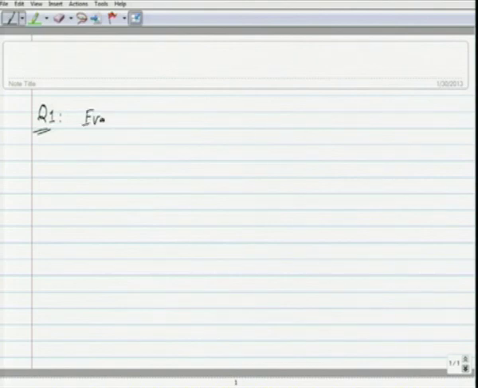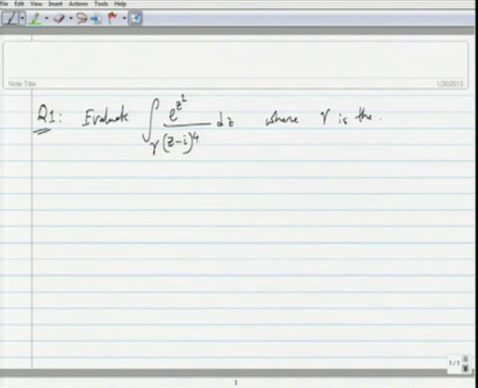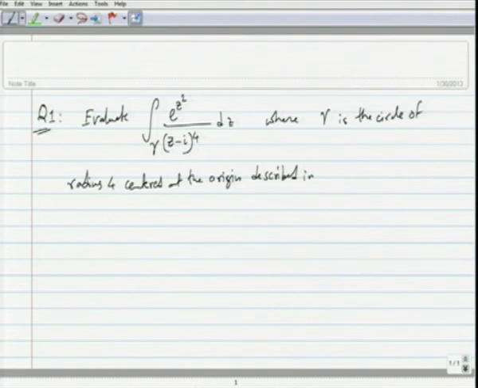So, evaluate the integration over gamma of e raised to z squared by (z minus i) power 4 dz, where gamma is the circle of radius 4 centered at the origin, described in the positive direction, that is the counterclockwise direction, once. So, that is the question.